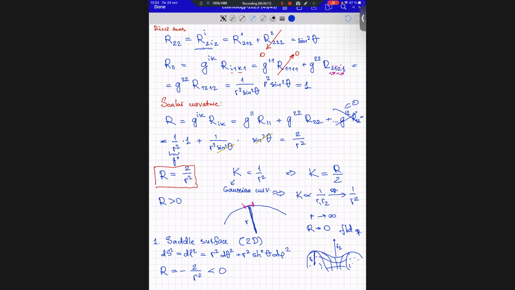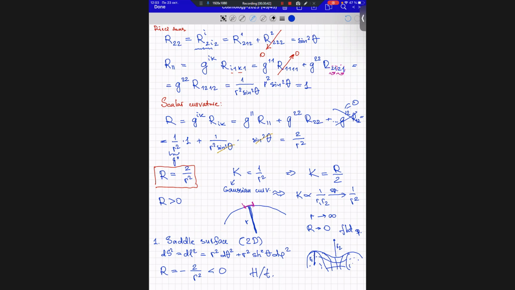The scalar curvature is negative. This is a home task. Let's obtain it the same way we did for positive curvature.